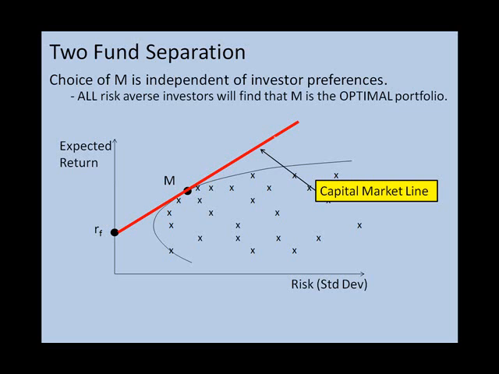We know that all investors will invest in some combination of T-bills and the optimal portfolio. All the fund manager has to do now is first identify the optimal portfolio and then work out the level of risk aversion of each of his or her investors.